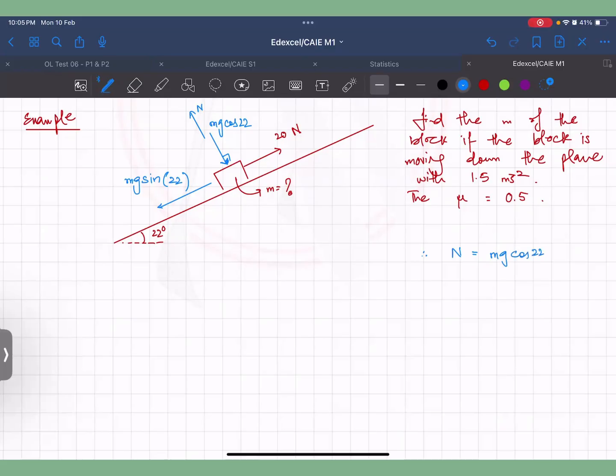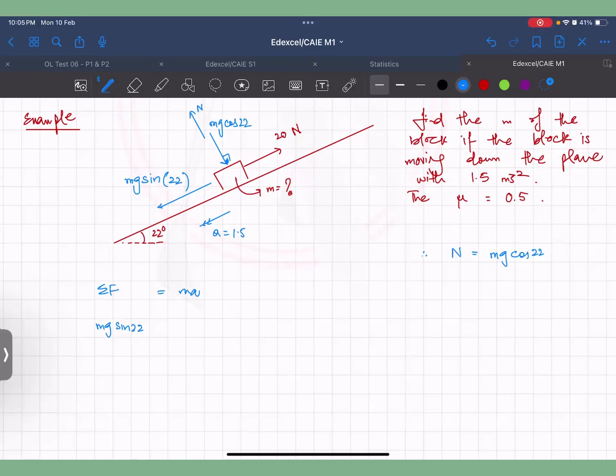We know that the acceleration is down the plane. It is 1.5. So if we do F equals ma, we take positive down the plane. Whatever is pulling it down, keep positive. So the weight component is pulling it down, mg sine 22.